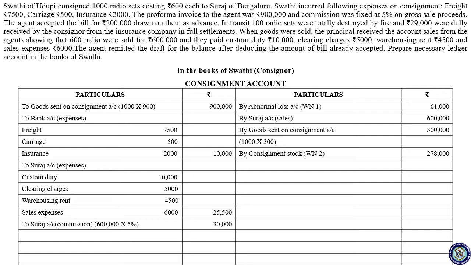Now next, that is the loading price on consignment stock. So the entry is to stock reserve. The number of units unsold is 300, and 300 is the loading price. So 300 into 300 is 90,000. The difference is transferred to P&L account. So now do the total and find the balance that is transferred to P&L account.